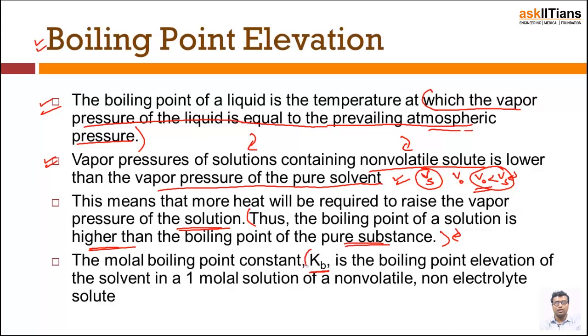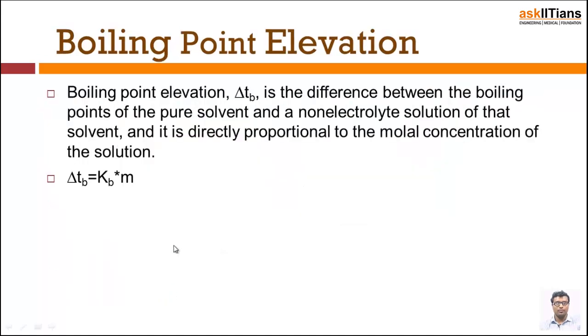So there comes another important constant, the molal boiling point constant, which is the proportionality constant. Suppose the initial boiling point of the solvent is T1. Now you are adding a non-volatile solute to the given solvent.